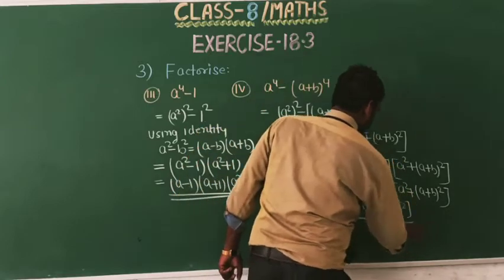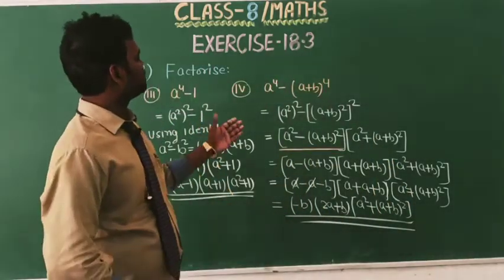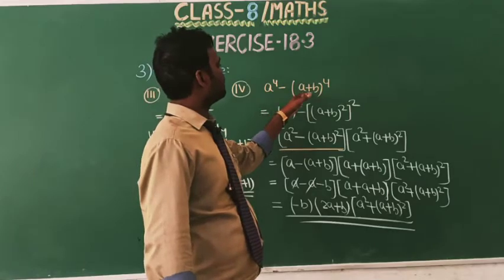Here plus a and minus a cancel out, so this is minus b, and the other is 2a plus b, and a square plus a plus b whole square. So these are the factors of a to the power 4 minus a plus b to the power 4.